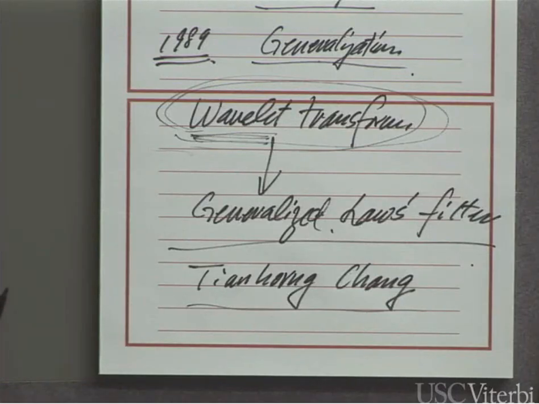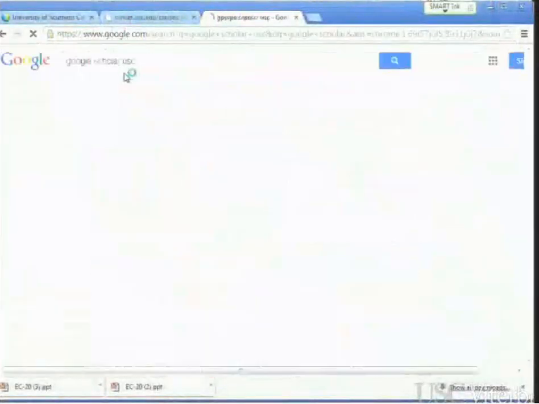Okay. And so the paper, actually I can show you. Let me do a Google search very quickly. Just give me a moment, okay? Can you show the computer screen? The time is 2 o'clock.